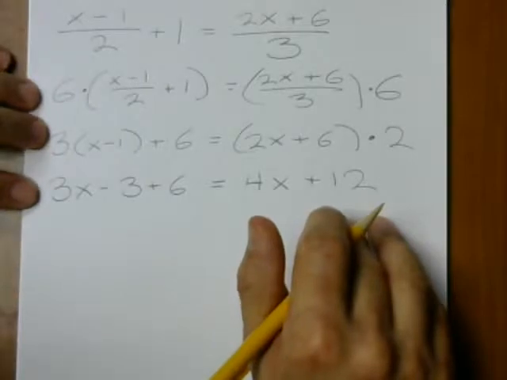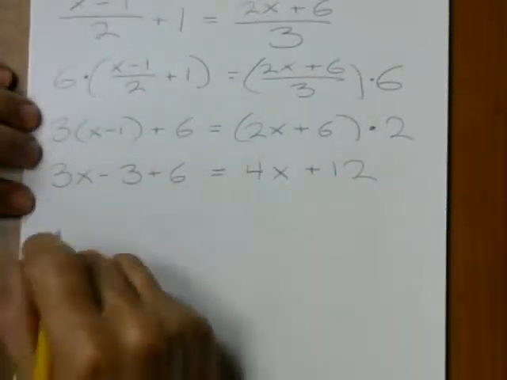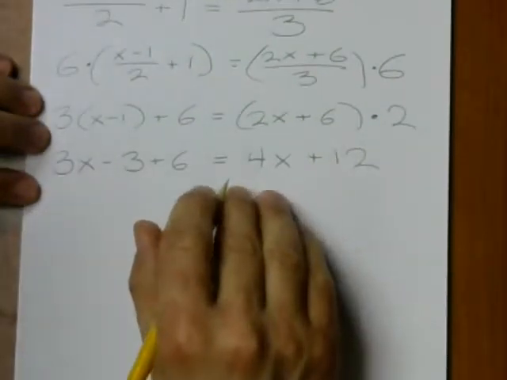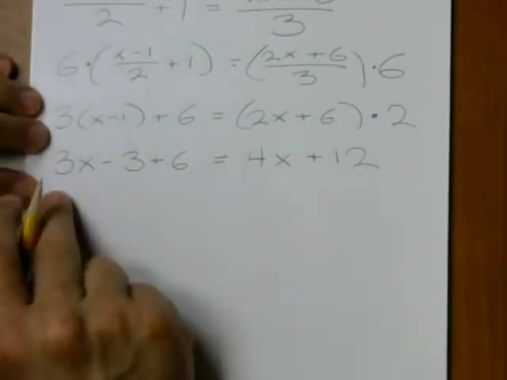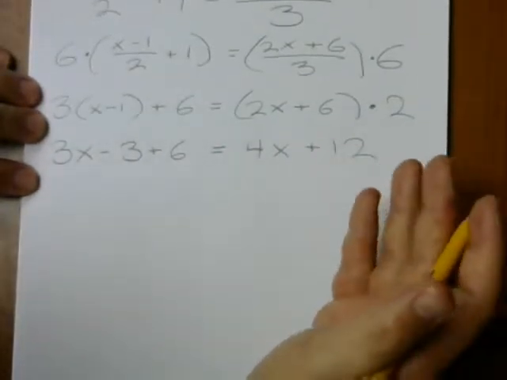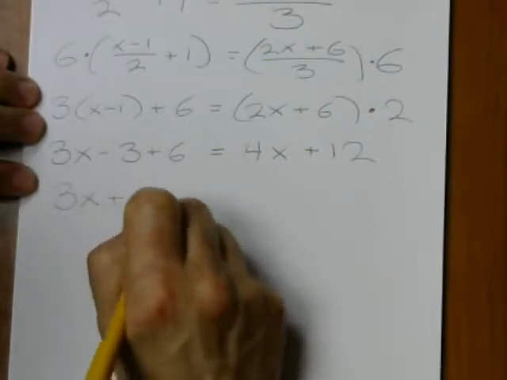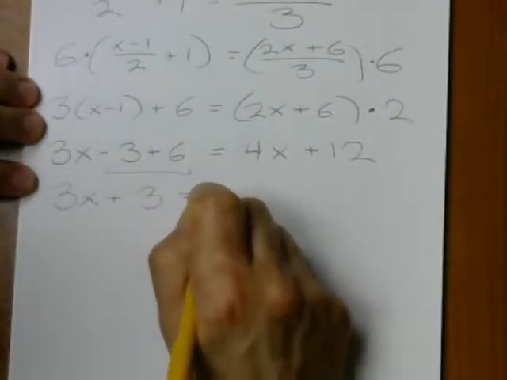Now it'd be nice if I could move everything over to one side and then combine any terms which are the same. So let's try that. I could move things to the left or to the right, it doesn't really matter.